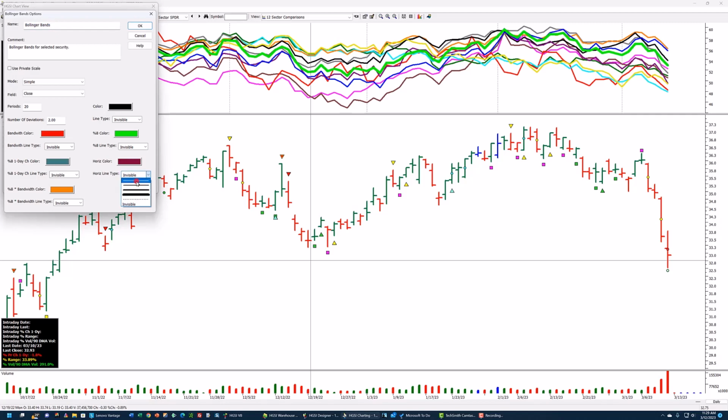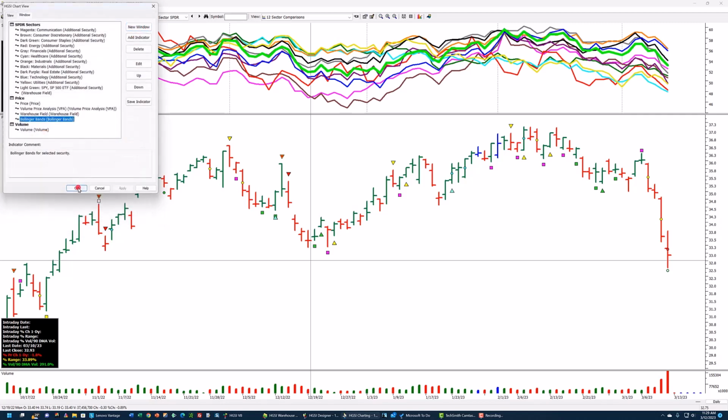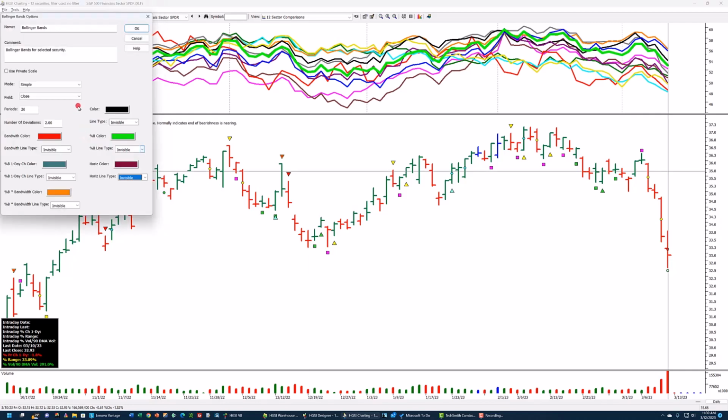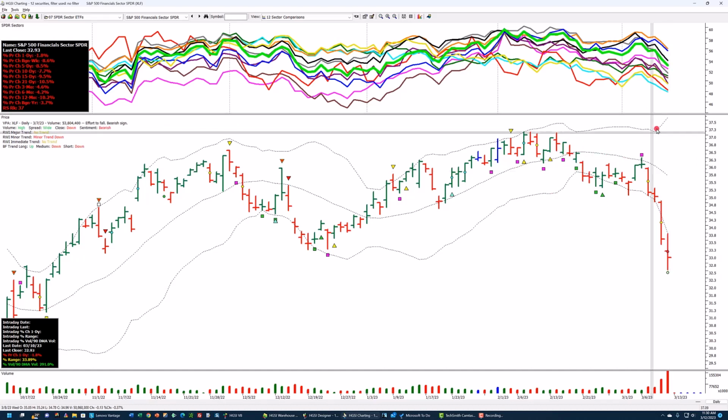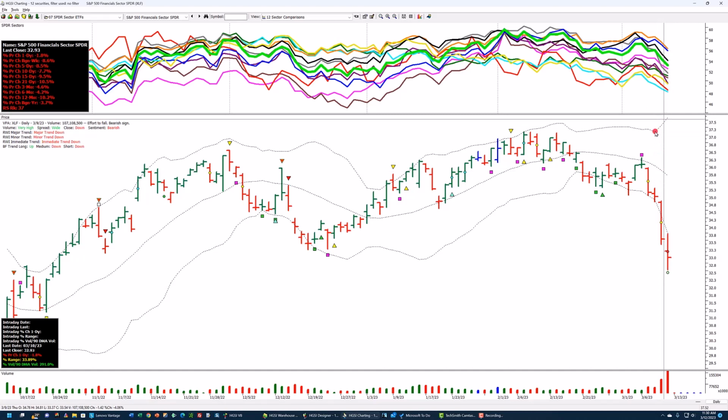They're invisible now, but if you want to have the bands in there, you can just put the bands in, and you can tell if volatility was increasing or decreasing, and you can see as it started selling off how much the volatility was increasing because the bands were widening as this sector sold off.